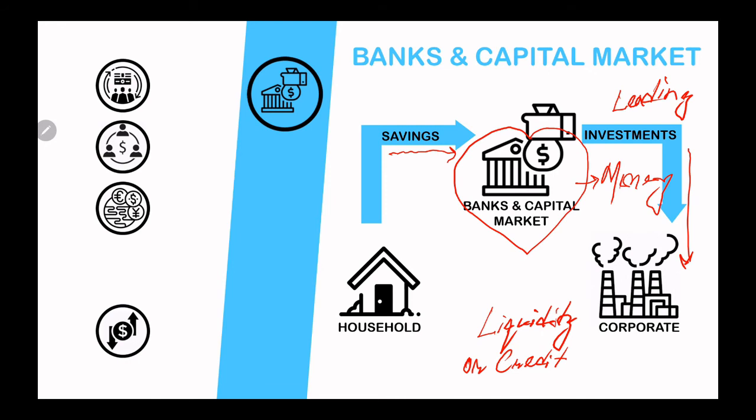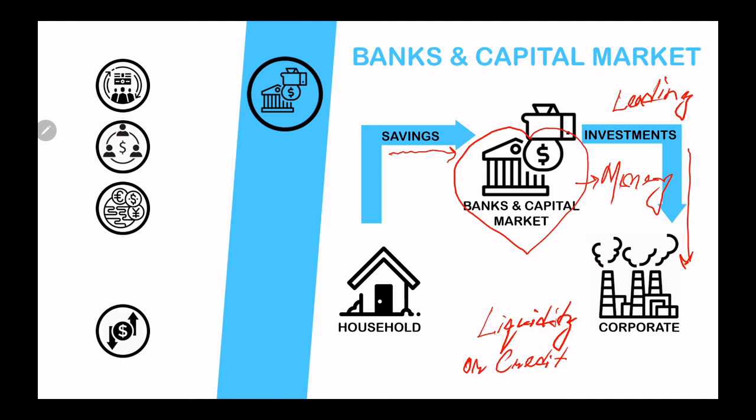Now as the blood pressure increases in a body, it is a kind of disease. Or sometimes you have low BP, so you become sluggish. In the same manner, when banks and capital markets pump more money in the economy, we experience a kind of inflation. And when they pump less money in the economy, we feel a kind of recession.